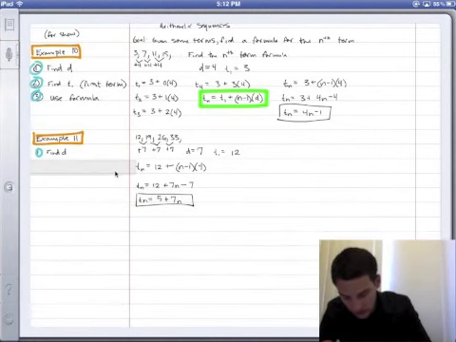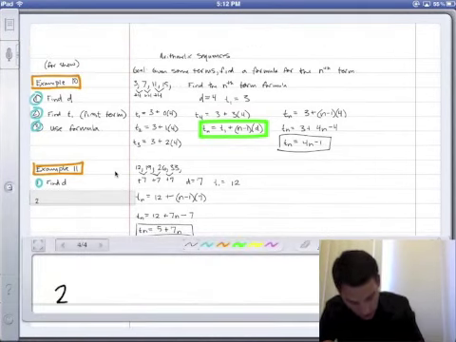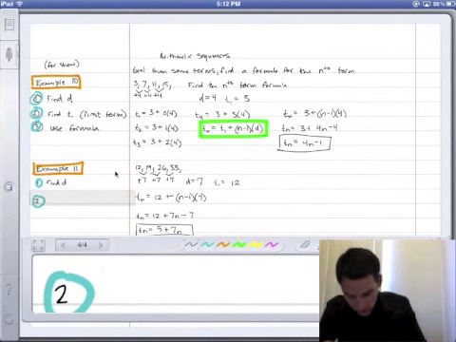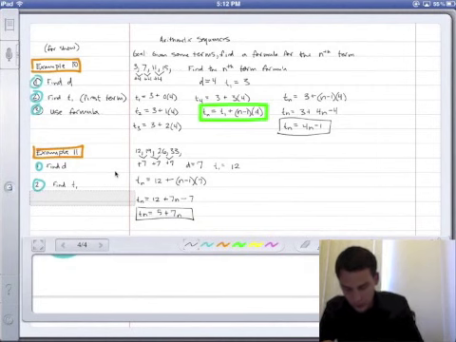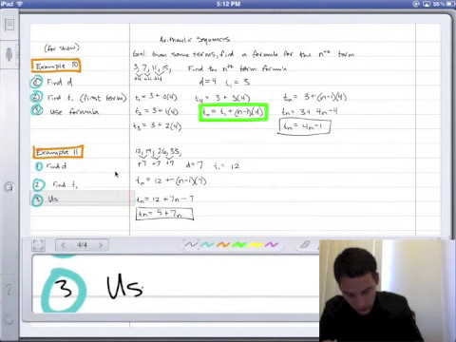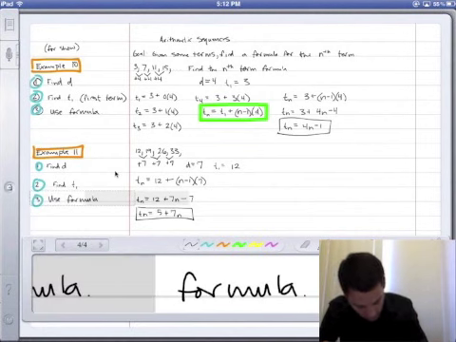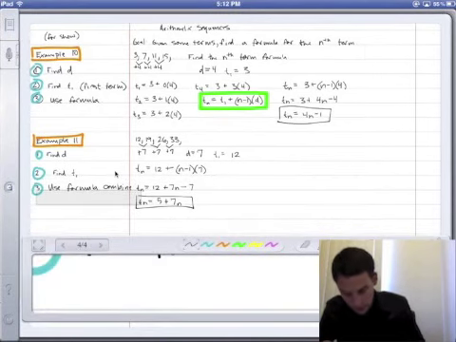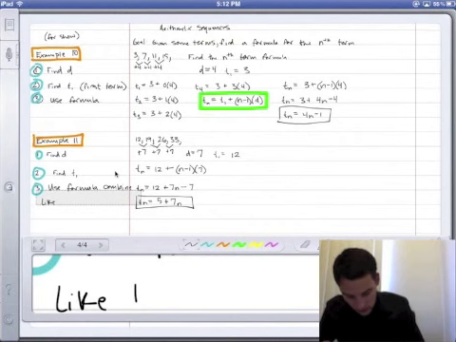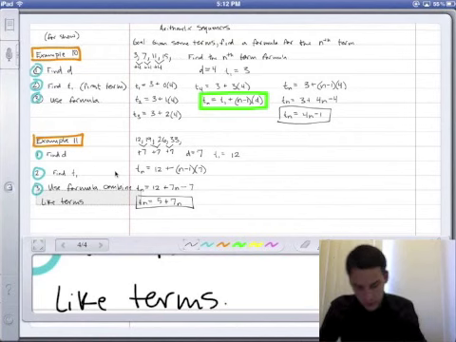So the steps here were to find the first term, find t sub 1, and then after that, use the formula and combine like terms.